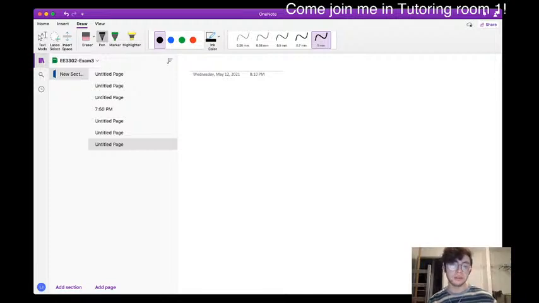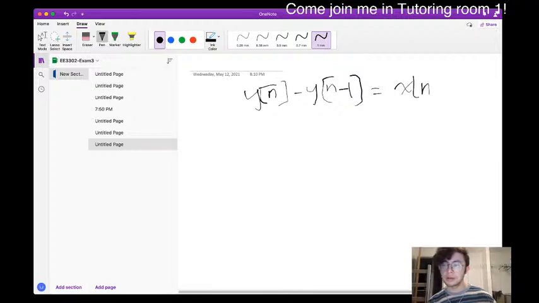Let's say we're given the difference equation here. You're looking through your code again and you find this one: y[n] minus y[n minus 1] is equal to x[n]. So what do we do here? Let's go y or z, and once you do a lot of these, you can start seeing the pattern pretty quickly.